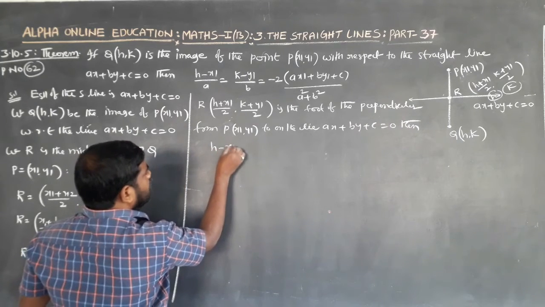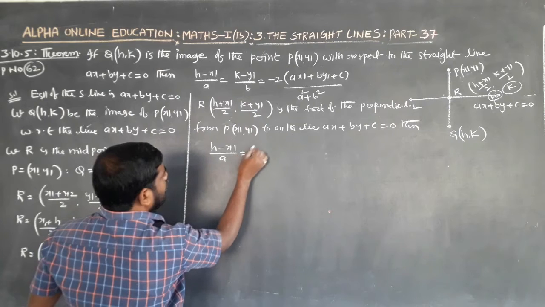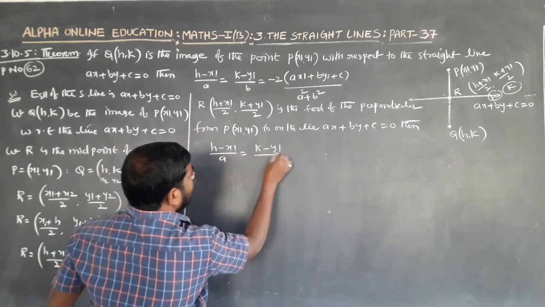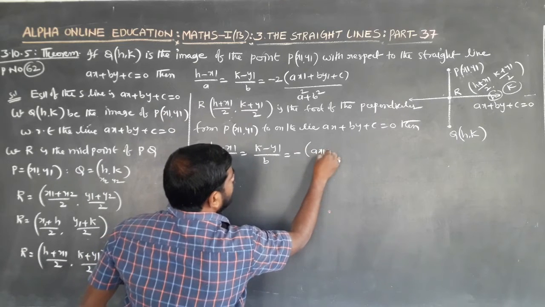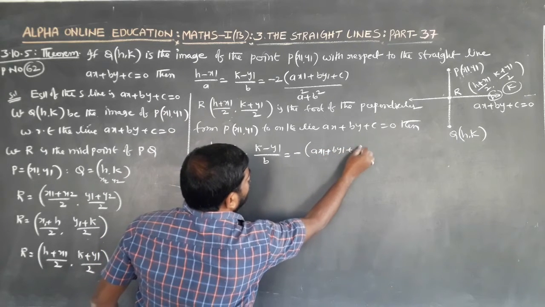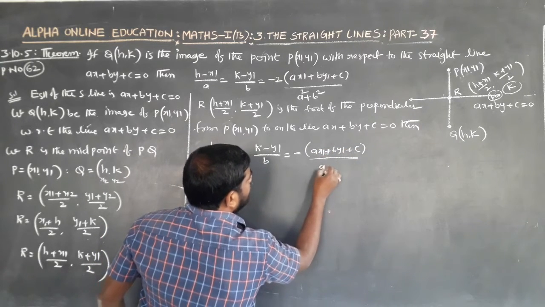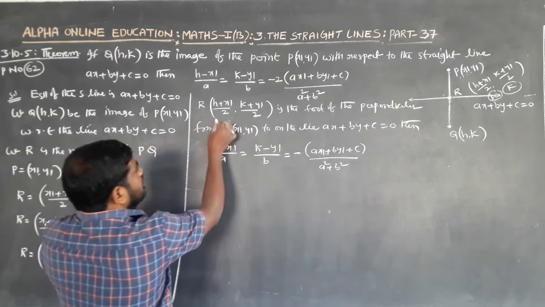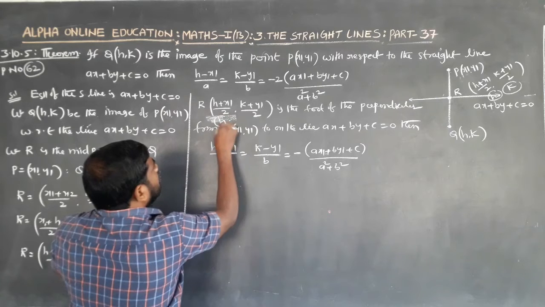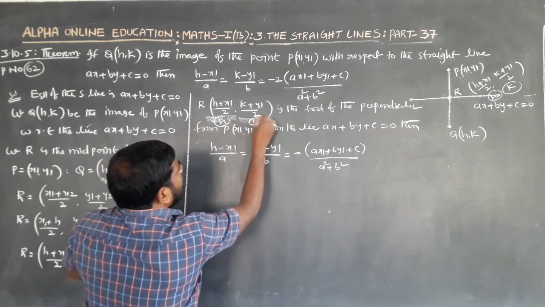Then (h - x1)/a = (k - y1)/b = -(ax1 + by1 + c)/(a² + b²). This is the h, this is the k.